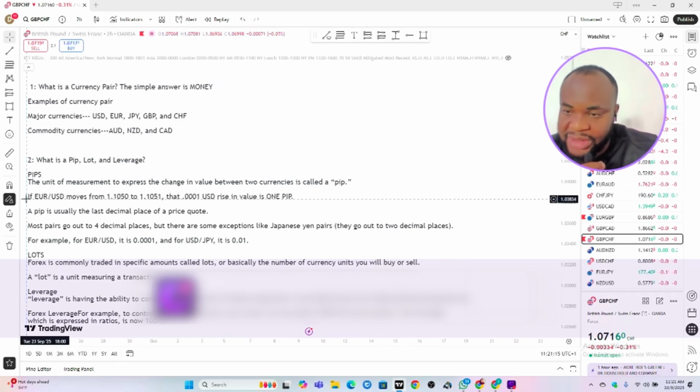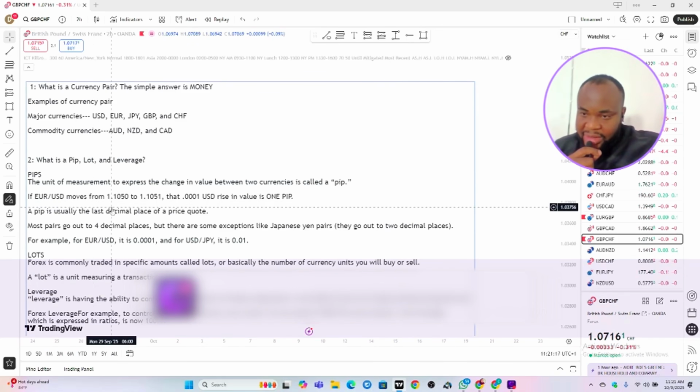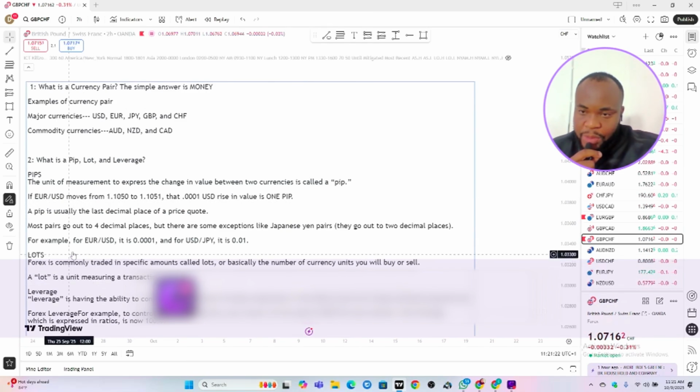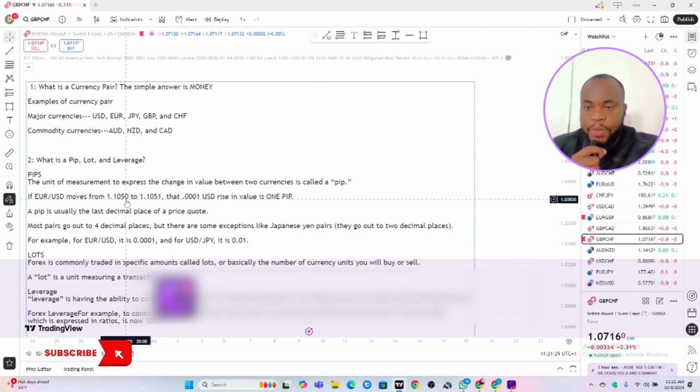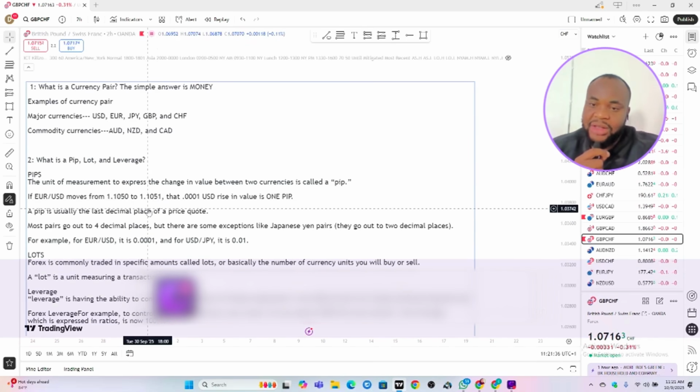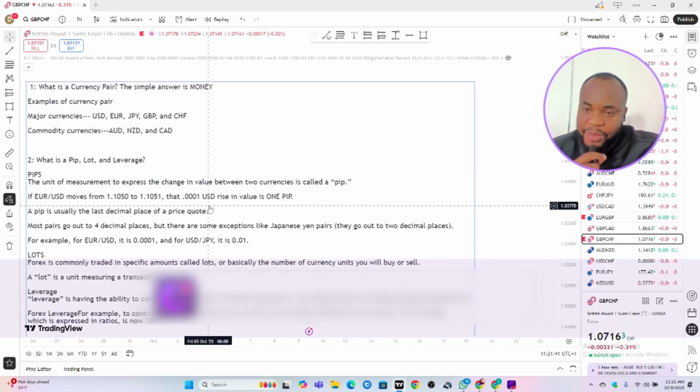Let's take the example of this EUR/USD here, the move here. Let's say you bought EUR/USD at the price of 1.105. So you bought at that price, at that moment. Once the market moves to 1.1051, you can call that one pip. That move from 1.105 to 1.1051 is one pip.